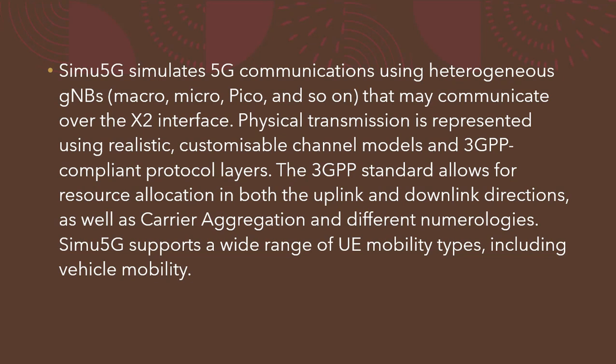Physical transmission is presented using realistic, customizable channel models and 3GPP-compliant protocol layers. These 3GPP standards also allow resource allocation in both uplink and downlink directions, as well as carrier aggregation and different numerologies. Simu5G supports a wide range of UE mobility types, including vehicle mobility, autonomous controlling, and many more.